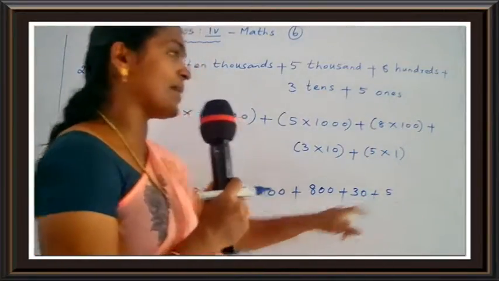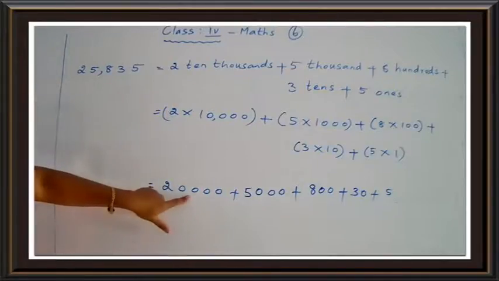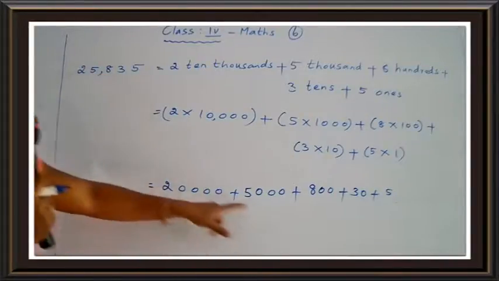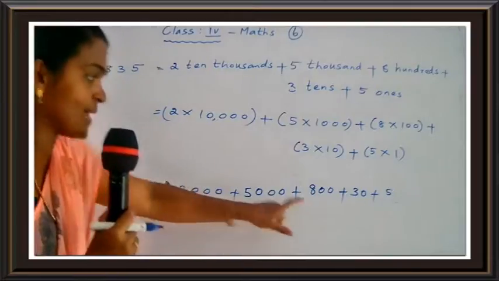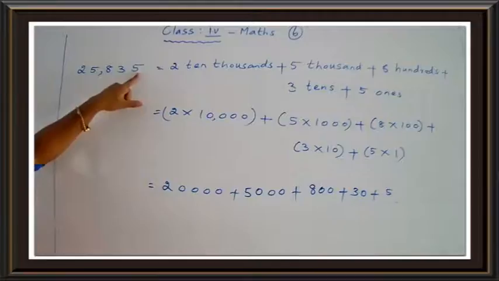Okay children? First digit 2, how many digits are there after it? 1, 2, 3, 4 digits. So for 4 digits we put 4 zeros. Next 5, how many digits remaining? 1, 2, 3, 3 digits. So you put 3 zeros. Plus 8, remaining 2 digits, so you put 2 zeros. So that's why 800.